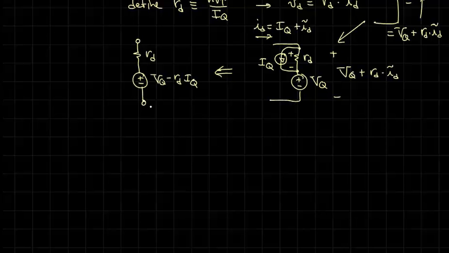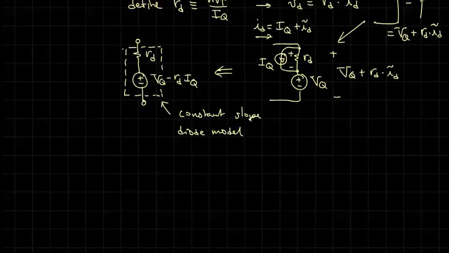What this really is right here is the constant slope diode model, fitted at IQ, VQ.